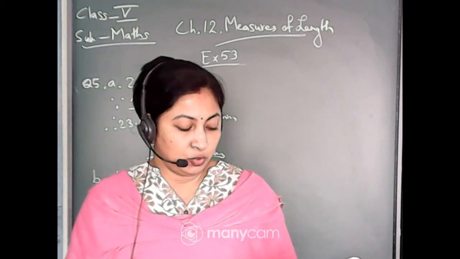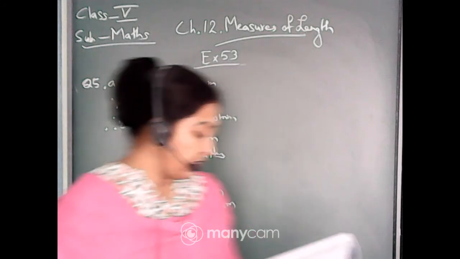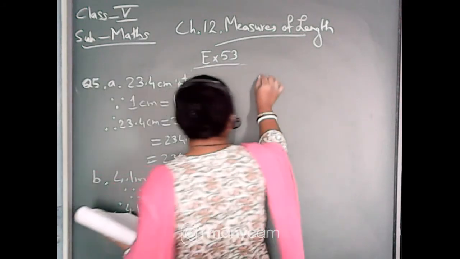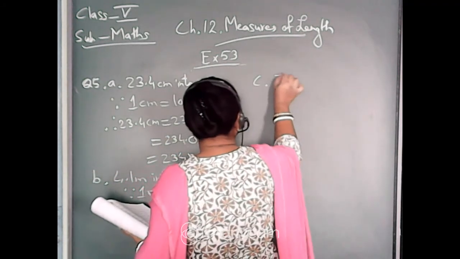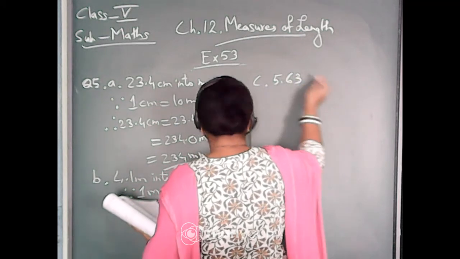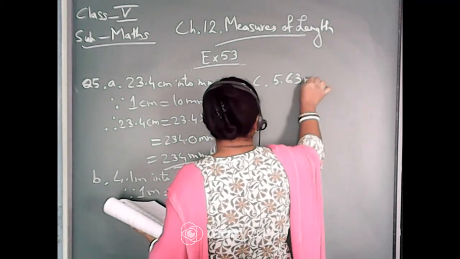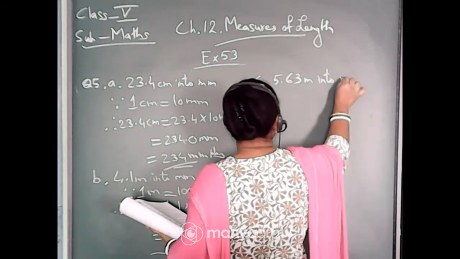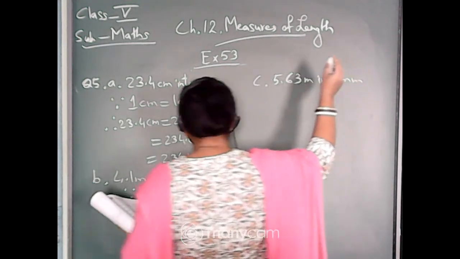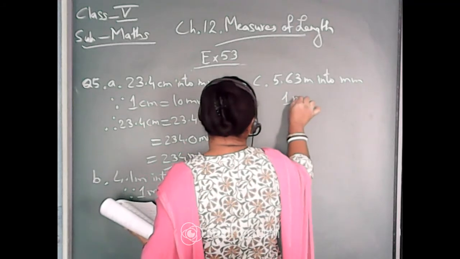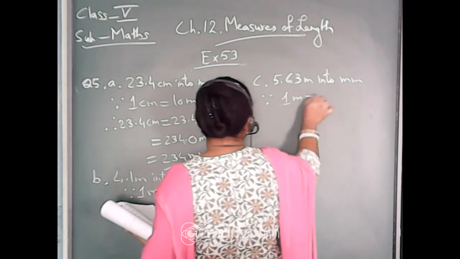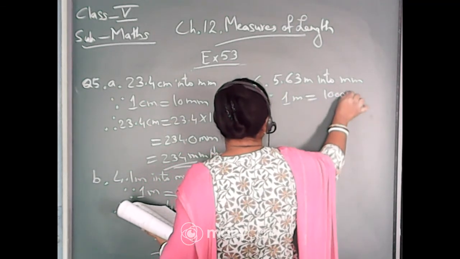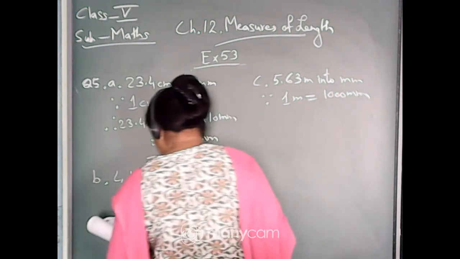Number C, 5.63 meter into millimeter. Again from meter to millimeter you have to convert. The same thing we know, since 1 meter is equal to 1000 millimeter, isn't it?